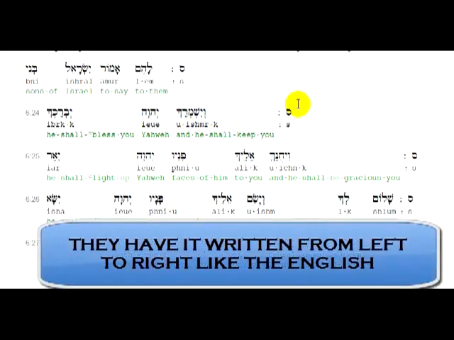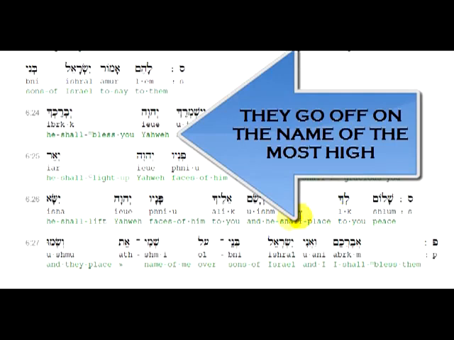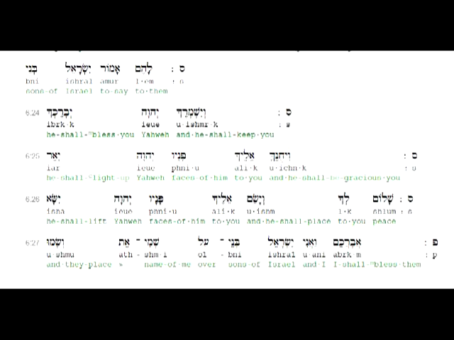They have it written from right to left, and then they break it down at the bottom. As you can see here is Yebarekeka, they have he shall bless you, but they really don't break it down. So you'll get confused unless you know. But for those of you brothers that are a little more advanced, you can use this as a reference, and they go off on certain things, but for the most part it is on point in certain places.